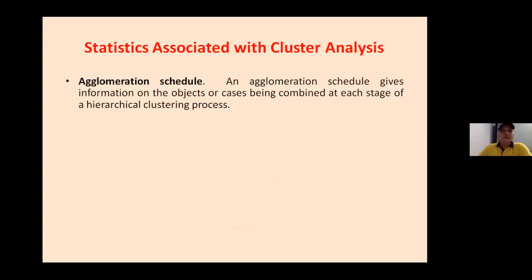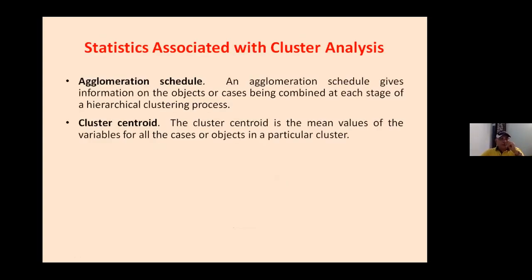Okay, so there are two types of cluster analysis. One is called hierarchical clustering, and in hierarchical clustering, we work on a schedule which is called the agglomeration schedule. Then there is non-hierarchical clustering, which is also called k-means clustering.